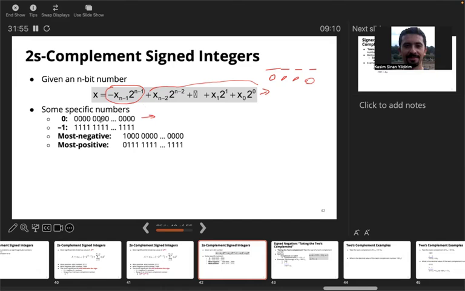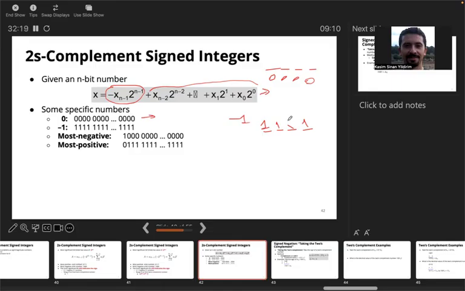And what is the number -1? How am I going to represent -1? For example, using 4 bits, I should have a negative number now, so I should have 1 here, right? That is -8. And then I fill all the rest with 1s. Now what do I have? -1.